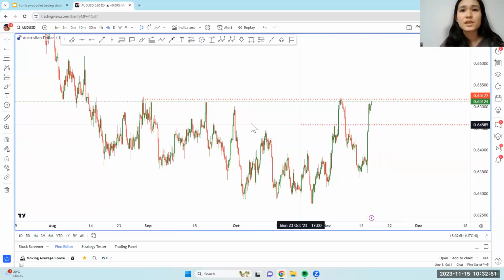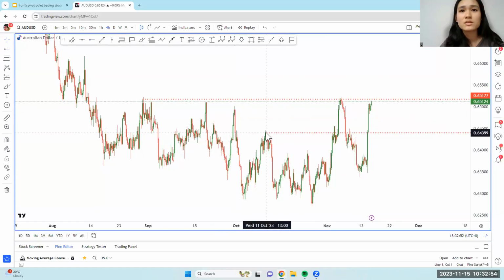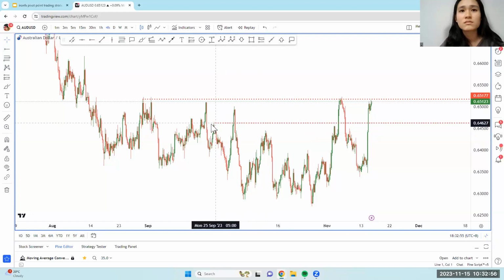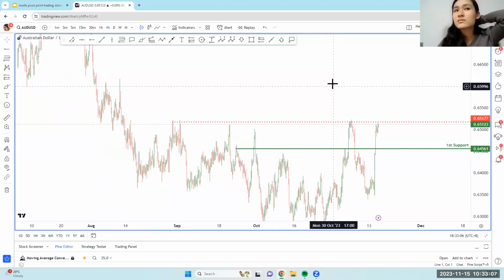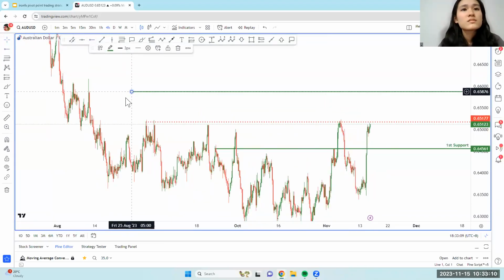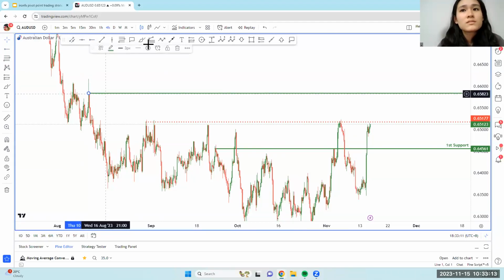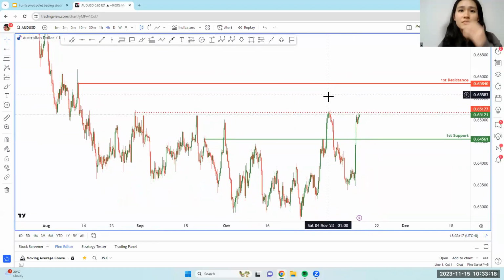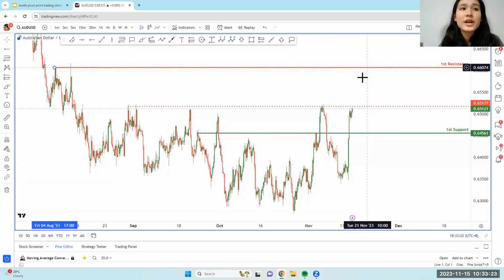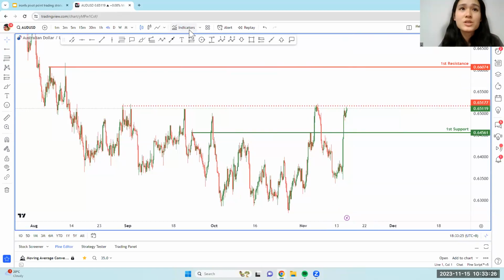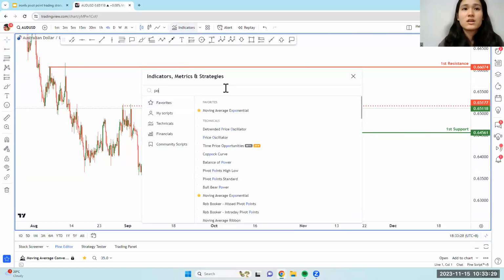And then maybe over here for my first support, and here for my first resistance. Now let's check our support and resistance levels using our pivot point indicator.